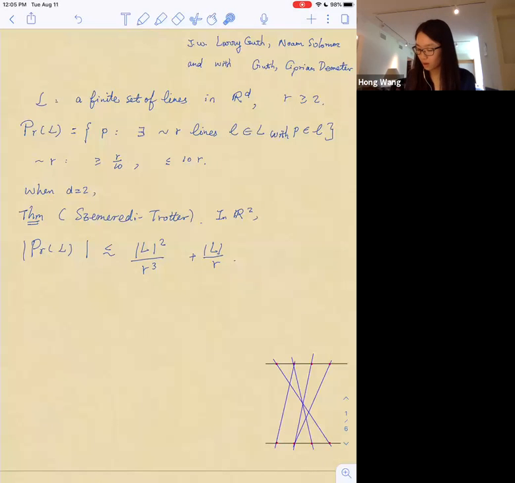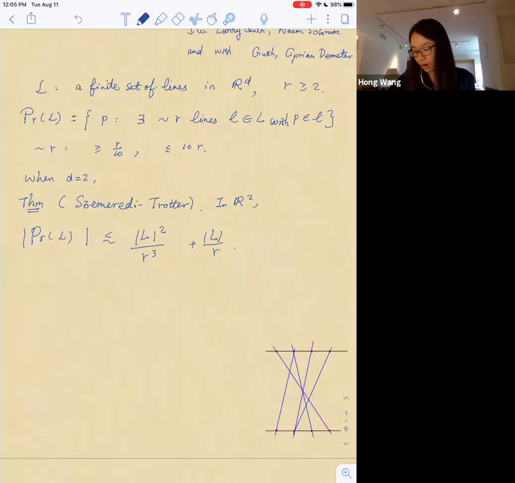Now for any R between 2 and L to the 1/2, it's an exercise to show that the number of R-rich points is roughly L squared divided by R cubed. And also the set of R-rich points will lie between these two parallel lines here.